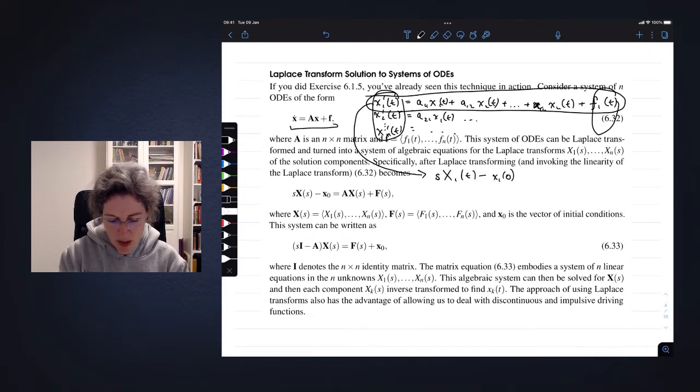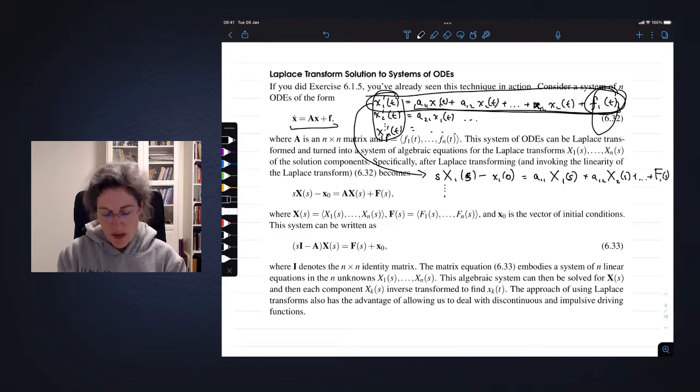And then that's going to be equal to, and then remember, we're thinking about the Laplace transform now of the right hand side here. The Laplace transform is linear, so we can take out the constants. So you'd have a11 times the Laplace transform of x1, so this should be an s here, sorry, plus a12 times the Laplace transform of x2, and so on. And then finally you'd get the Laplace transform of your f1, so that would be a big F1 of s. And you'd get n of those for each of your original differential equations.